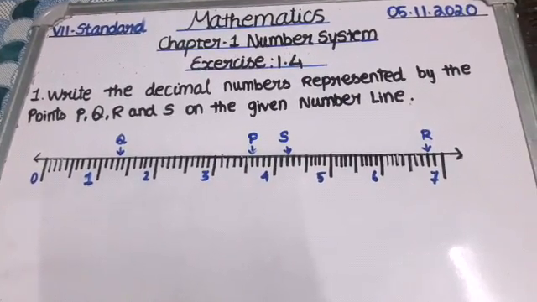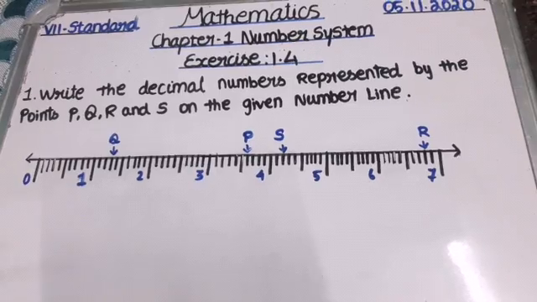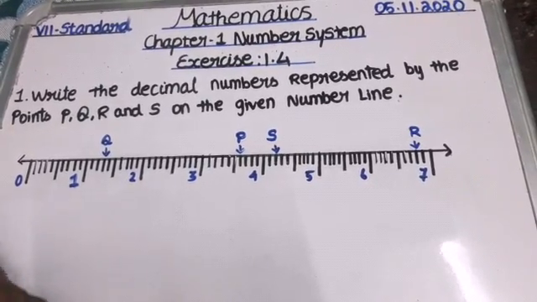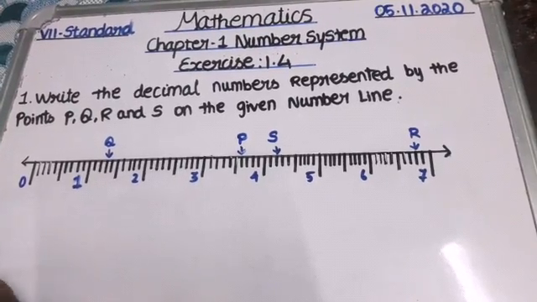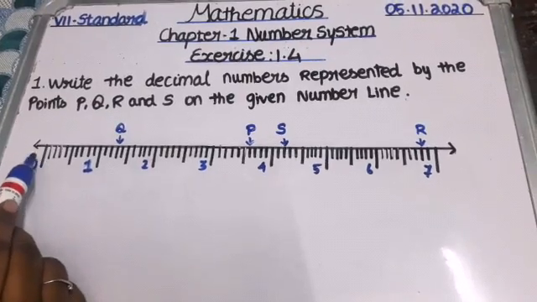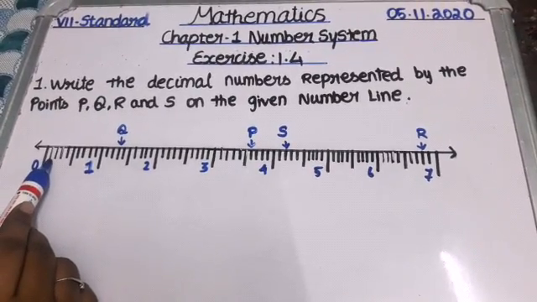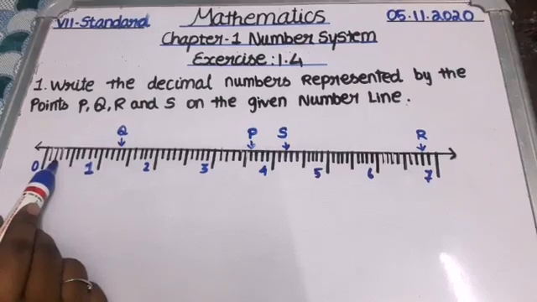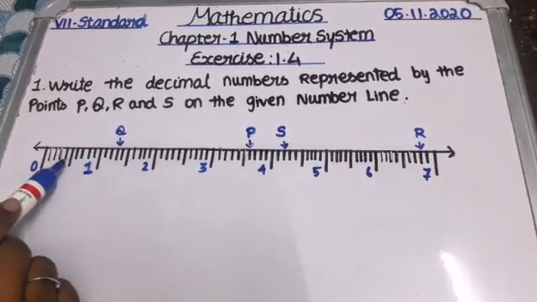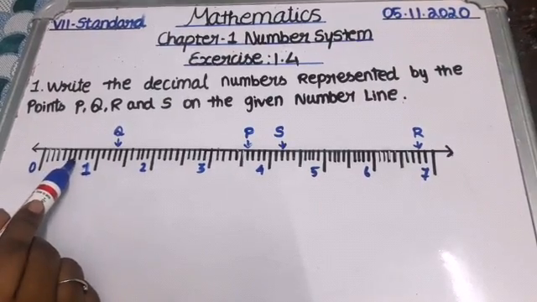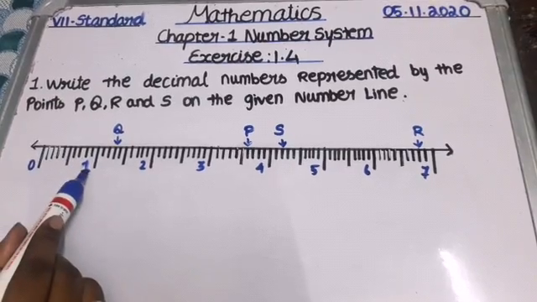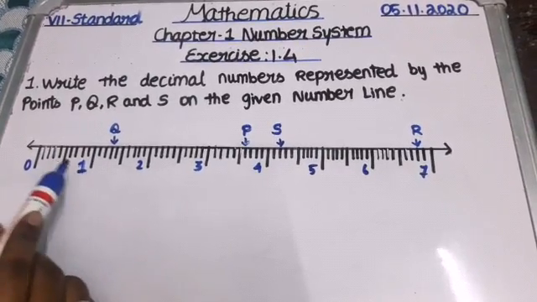Okay students. Before we enter into the solution, let us recall the number line. The number line starts with 0, and after that the number is 0.1, and then the lines are represented by 0.2, 0.3, 0.4, 0.5, 0.6, 0.7, 0.8, 0.9, and after that we represent the line by 1.